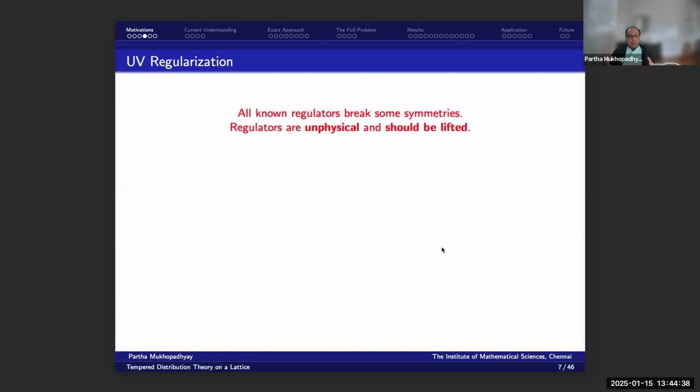And if you apply this argument for the lattice, then you basically end up getting the continuum hypothesis. So we have a technical formulation of quantum field theory where the regulator is unphysical, but when the regulator is a lattice regulator, then lifting the regulator means going to the continuum. So we commit to the continuum hypothesis, whether we like it or not, we have to do that.